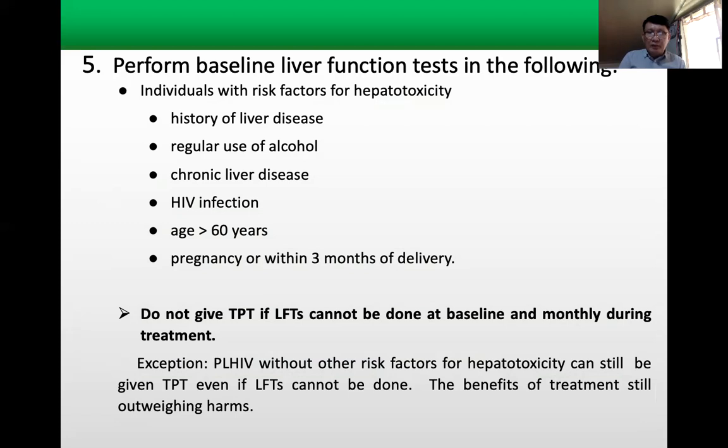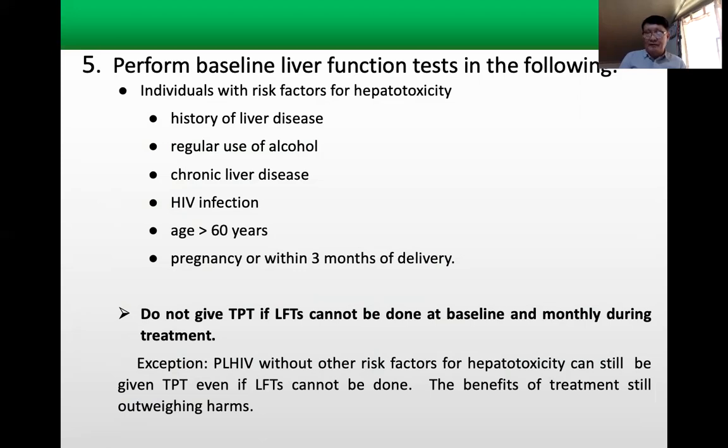Exception: PLHIV without other risk factors for hepatotoxicity can still be given TPT, even if liver function tests cannot be done, because the benefits of treatment still outweigh the harms.